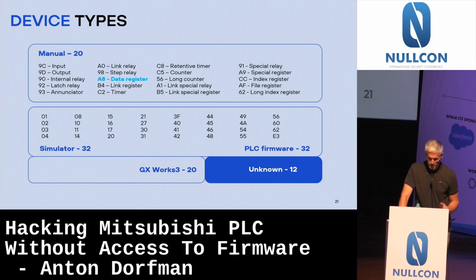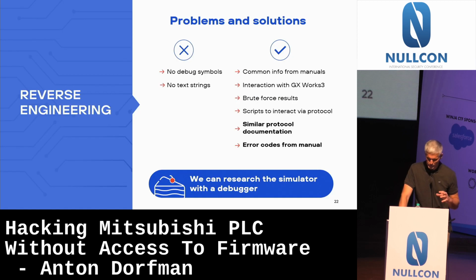But if we see the numbers of devices, we can't get any matches between them. So, the main thing is that the emulator is pretty good in emulating the real PLC.